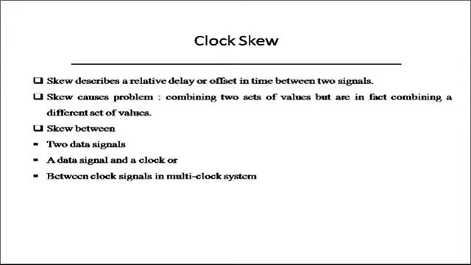If a skew is there, quite obviously the flip-flop will not function properly, and it may go into the metastability state. That's why whenever you are designing a circuit, you must design it with zero skew. It's not possible, but the skew should be as small as possible. The skew may be between two data lines, a data signal and a clock, or between clock signals in a multi-clocked system.